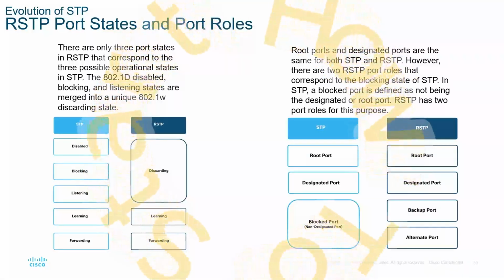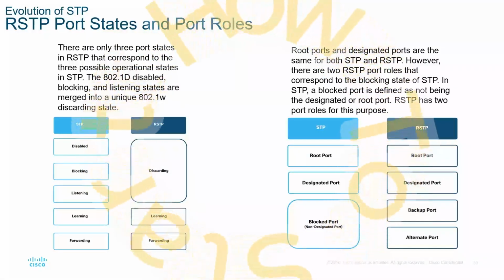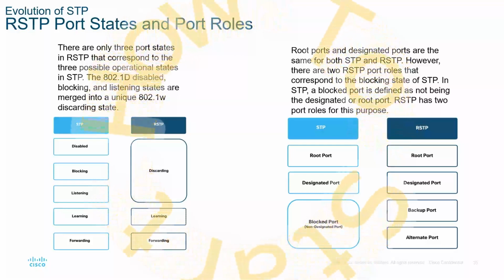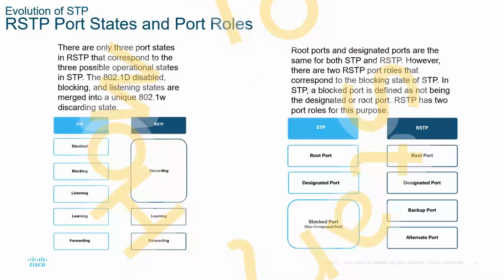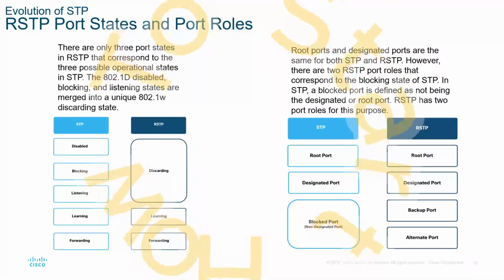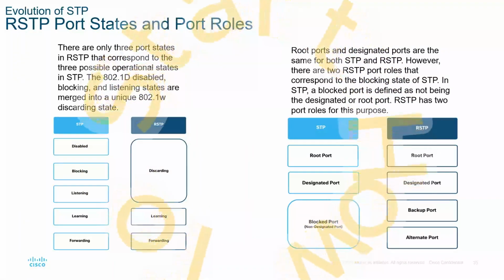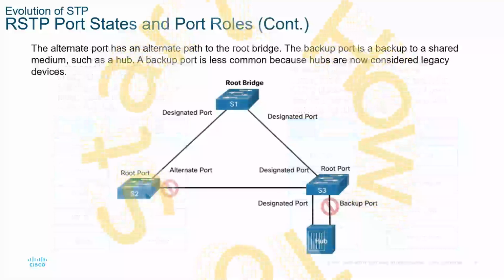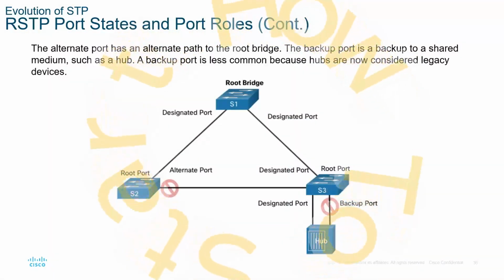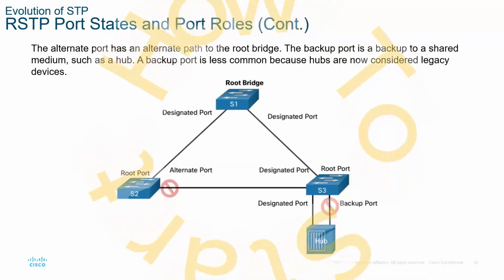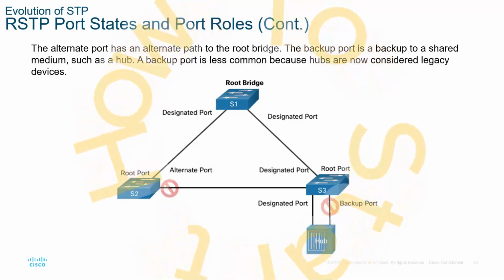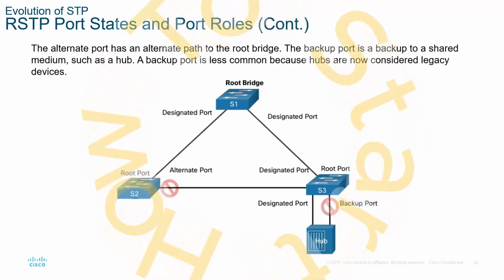STP and RSTP both have root ports, designated ports, and variations of blocking ports. We can have a backup or alternate port with RSTP. And again, RSTP can also be done per VLAN. So we can actually have an alternate port and a backup port that provides us some failover options.